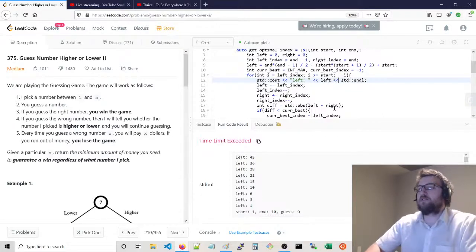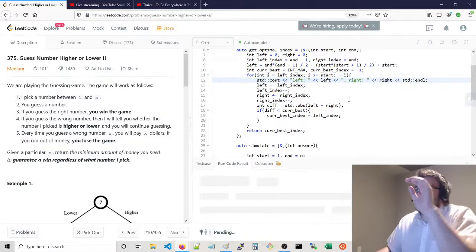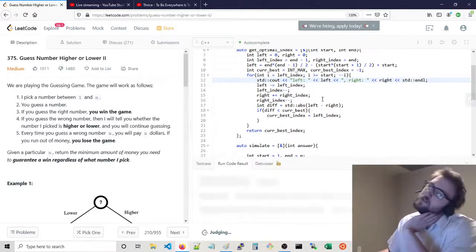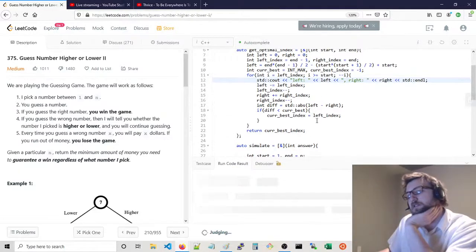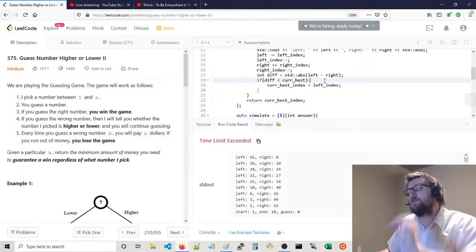And why, what is the issue? So there's a difference of 6 here. So that's going to be the right one to pick. Oh, that's why.